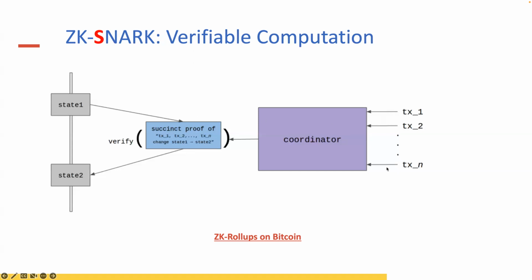Once you finish processing all of them from state one, you go to a new state, let's call it state two. The naive way would be to apply the first transaction, go to an intermediate state, then apply the second, the third, and so on until the thousandth. That's how it works currently on Ethereum.